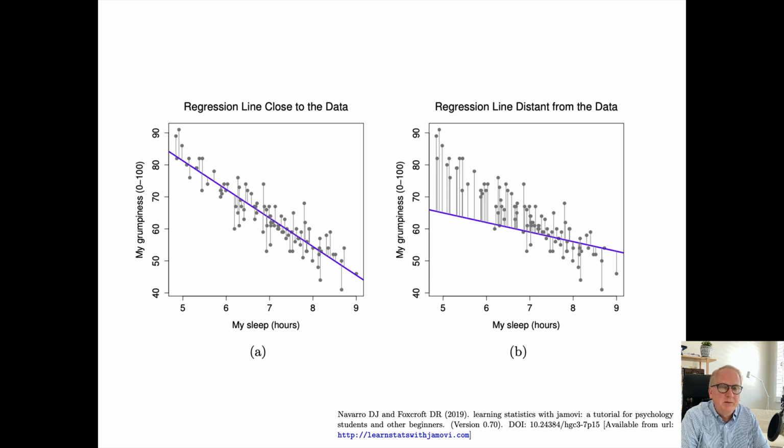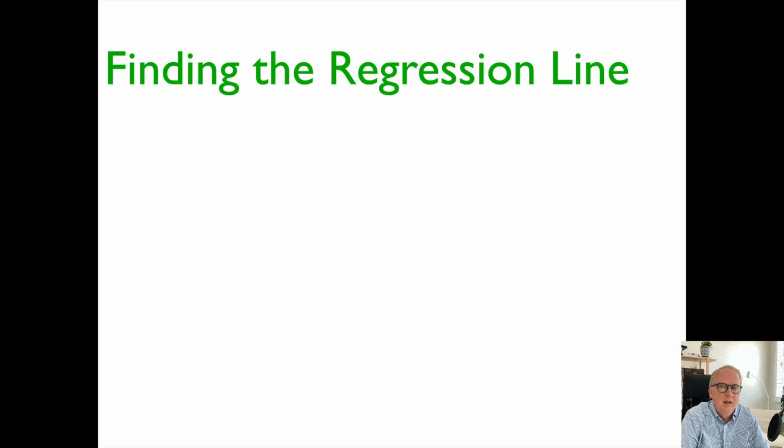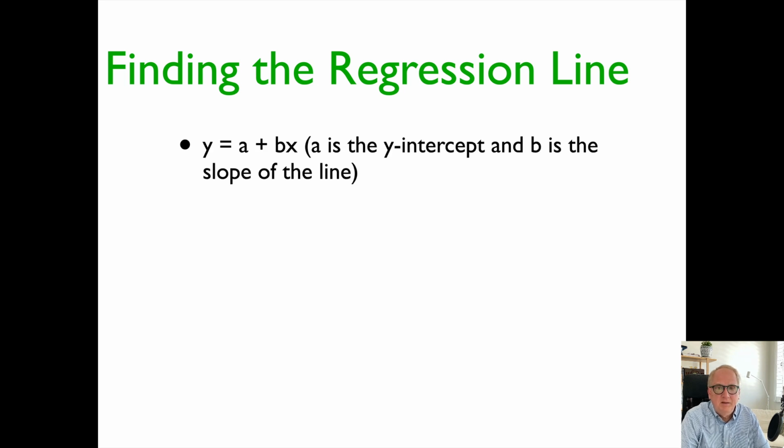So what happens in regression is the best line is the estimate that comes closest to minimizing those deviations as much as possible. You might remember that a line has this as its formula: y is equal to a plus bx. If I want to figure out what y is for a given x, I need to know what a is, which is the y-intercept, the place where x is 0 and the line crosses the y-axis.